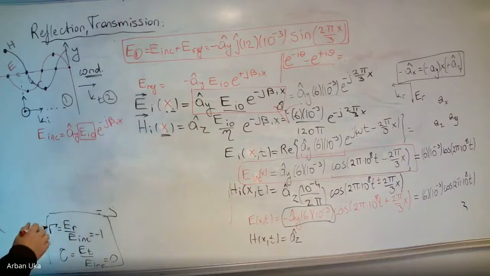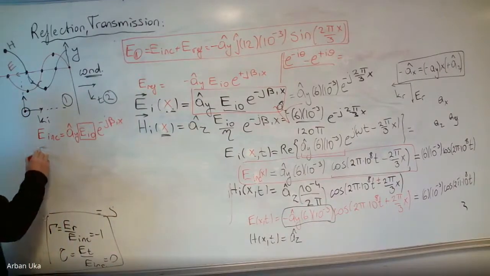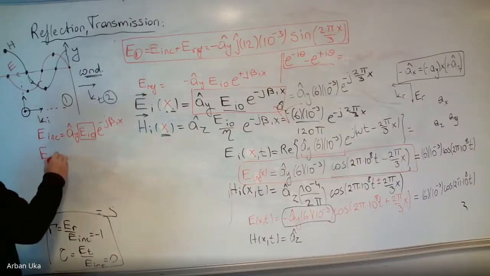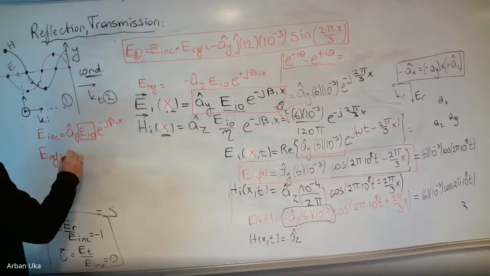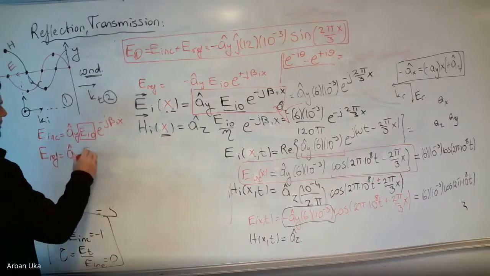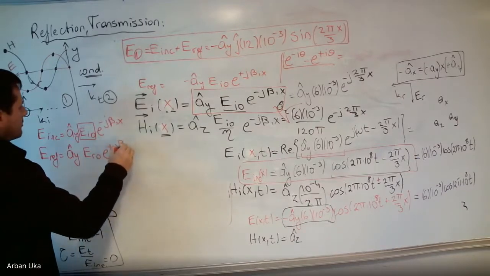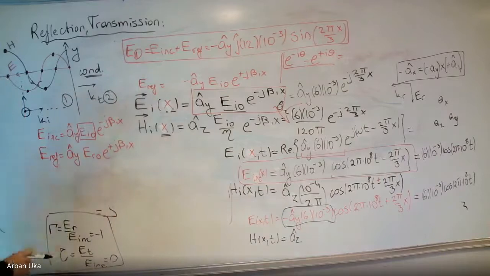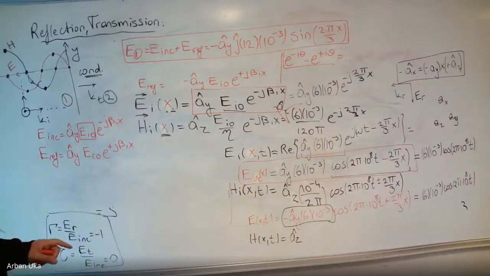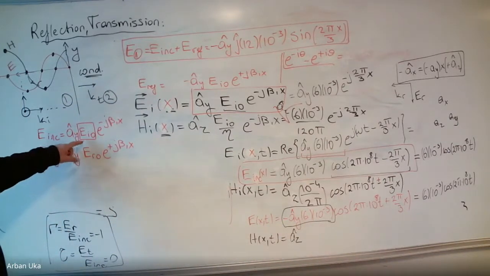That's correct, right? What is the reflected wave? The reflected wave is equal to a_y times E_r0, which is the amplitude, e to the power plus j beta 1 x. Do we agree here? As we said, this is a given.